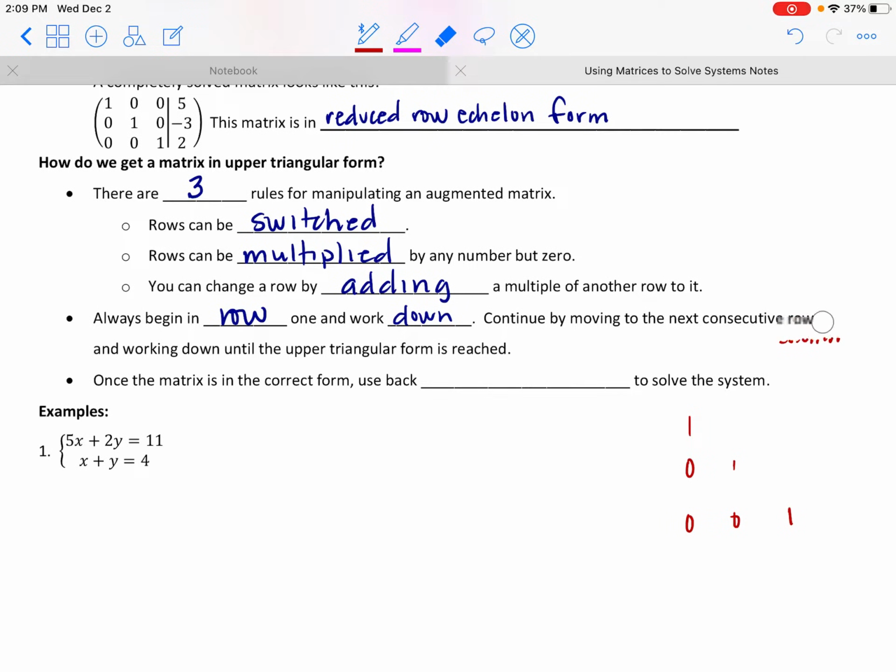Okay? Now just, oops, I didn't mean to delete that. This, let's say column, that word fits there a little bit better. These 3 rules, just to kind of help us along, the switching of rows is generally only going to be done in the very first step, if it's done at all.